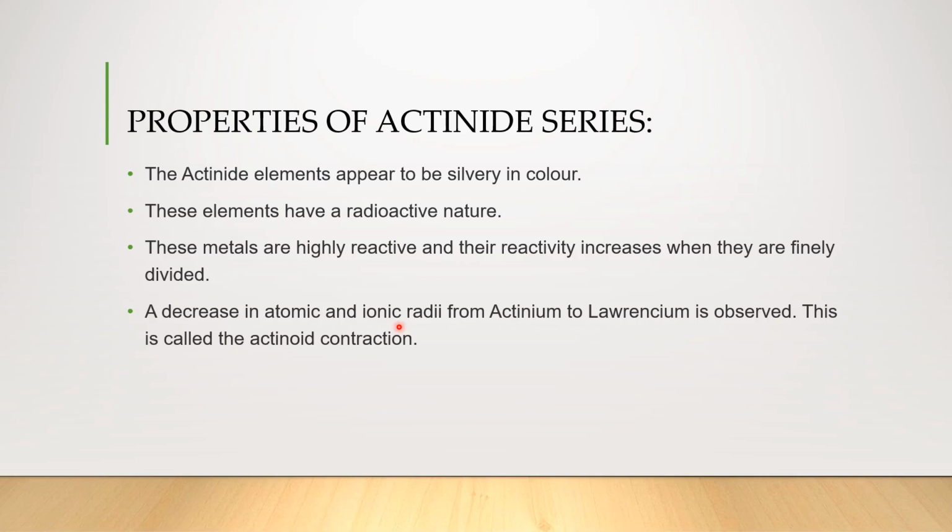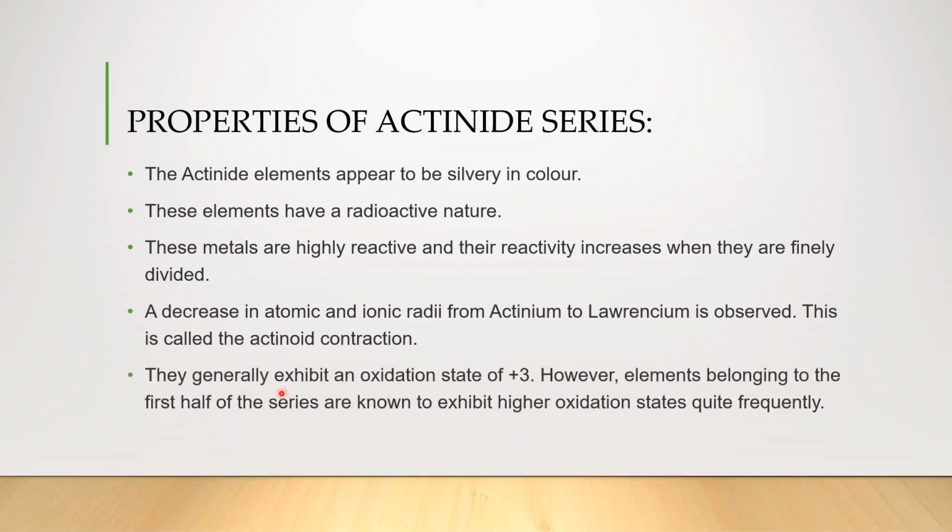And then, as we saw in lanthanide contraction, in this actinide contraction occurs, which is the same as lanthanide contraction: a steady decrease in atomic or ionic radius with increase in atomic number from actinium to lawrencium is known as actinide contraction. And we saw in the earlier slide the oxidation states, common oxidation state +3, and elements belonging to the first half exhibit variable oxidation states, and the next half exhibit the common oxidation state, that is +3.